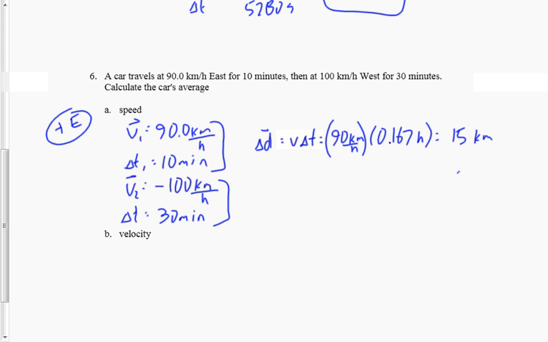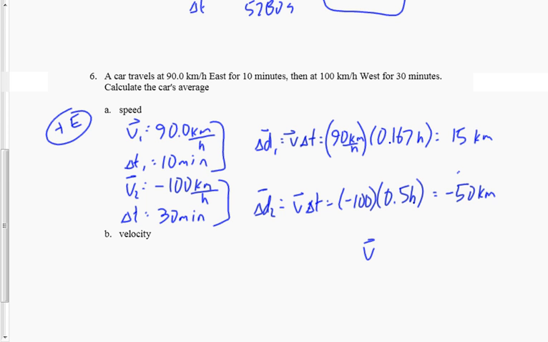In the second stage, we're going to say the displacement is negative 100 times 0.5 hours, which gives me negative 50 kilometers. Now, when we want to find the overall average speed, we're going to say distance over time here.